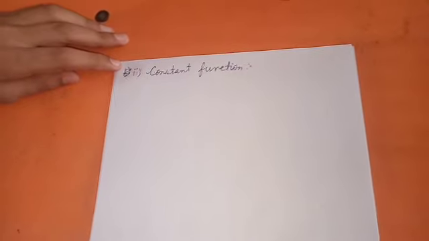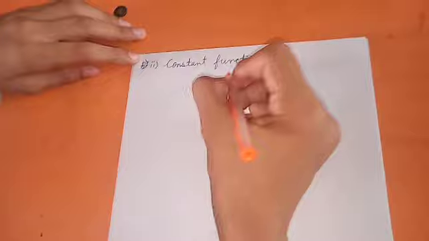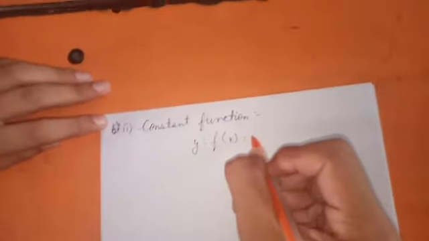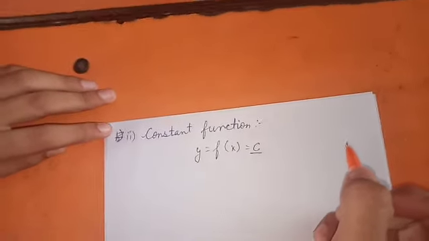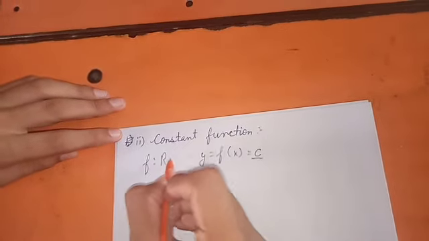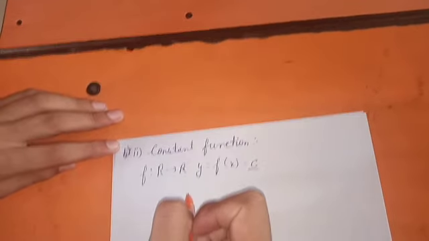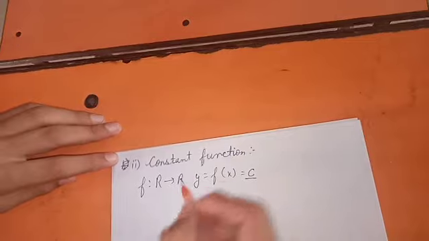Next is constant function. Okay. We can represent this by y equal to f of x equal to c. C can be any constant. Okay. Where our function f is from R to R. That means, this means what?